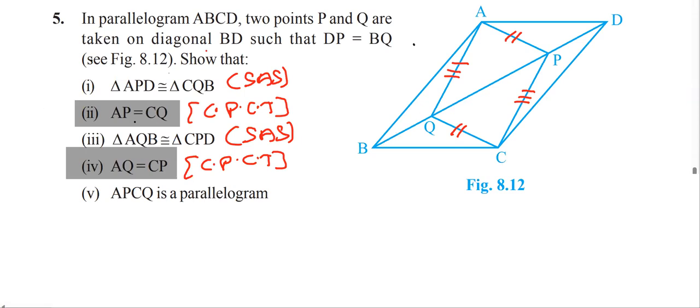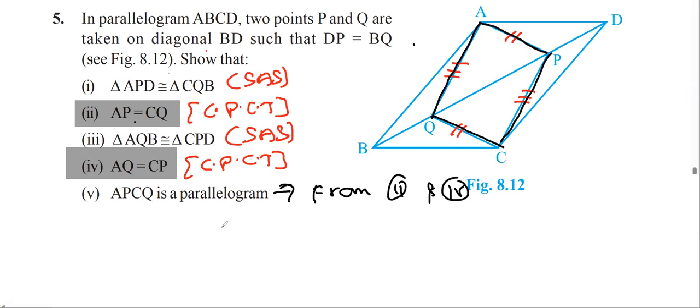Once again, we have already proved AP is equal to CQ, and we have proved AQ is equal to PC. As you should know, when two pairs of opposite sides of a quadrilateral are equal, it is a parallelogram. So what you will be writing is from the second and fourth.